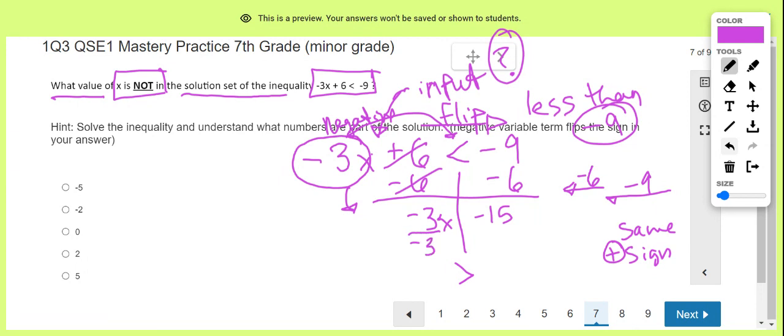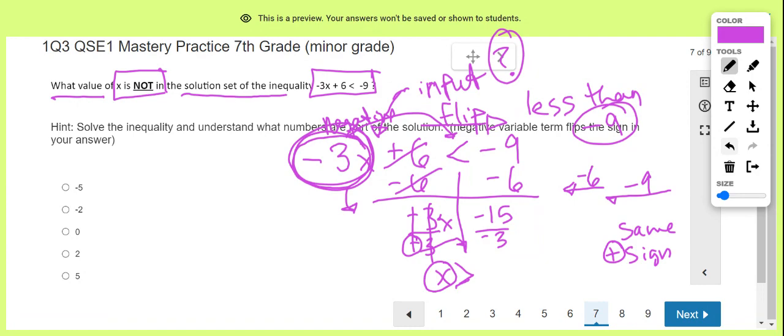So we're going to divide by negative 3 on both sides. 3 divided by 3 is 1, and a negative divided by a negative is going to be positive 1x. So this dividing by the negative is what is flipping our sign. Up here, a negative variable is less than, but a positive variable is going to be the opposite sign, which is greater than.